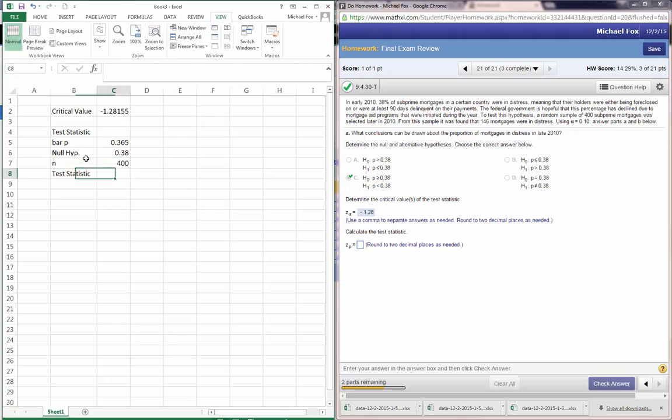Then we can calculate our test statistic by saying that the test statistic is equal to the bar P minus the null hypothesis. Then we're going to divide that by the square root of the bar P, no, the null hypothesis times 1 minus the null hypothesis.